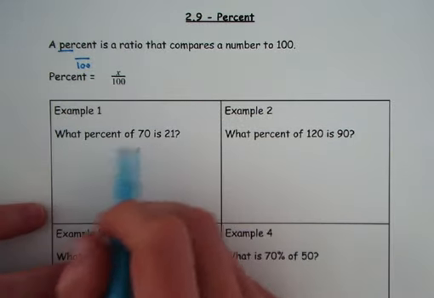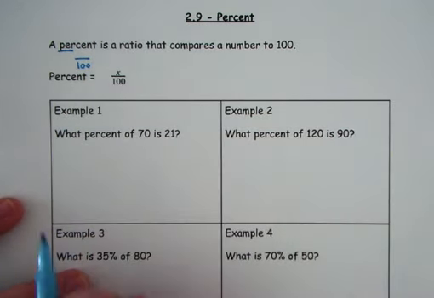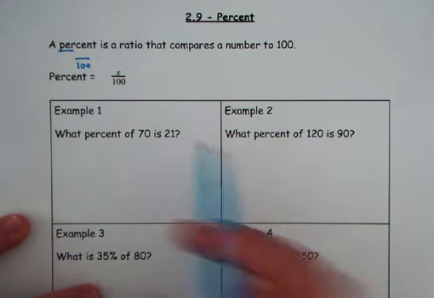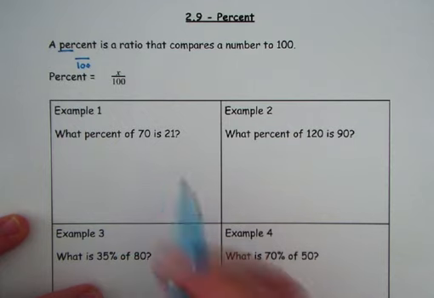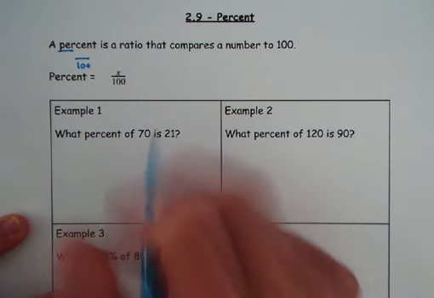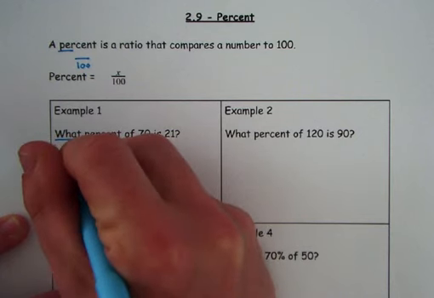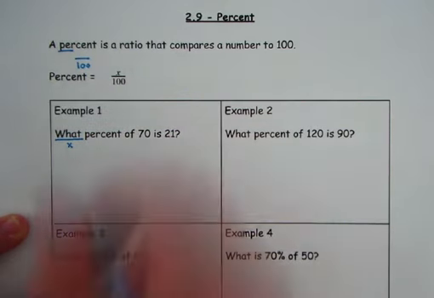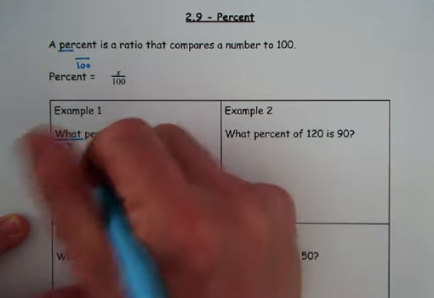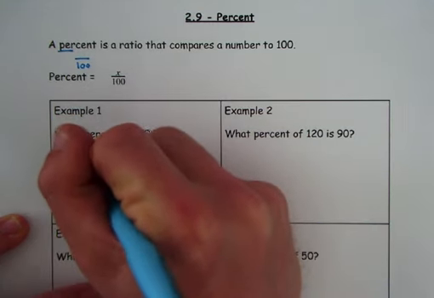Well, what percent of 70 is 21? Now you could just type that into a calculator, right? But let me show you how to set it up. So what is going to be our variable? I'm going to put an x there. Percent divided by 100, so x divided by 100.